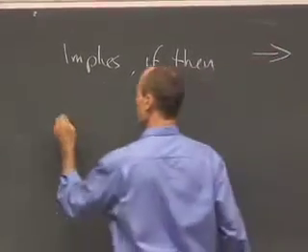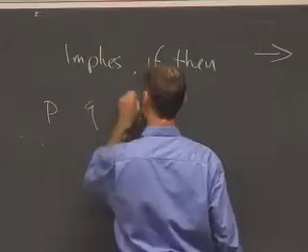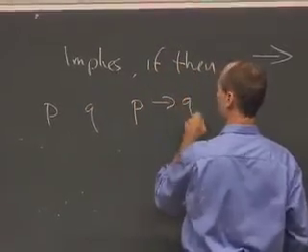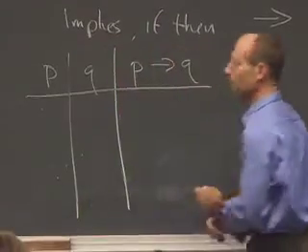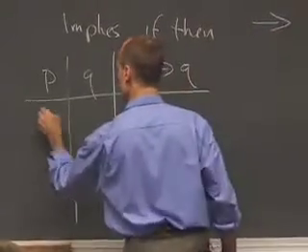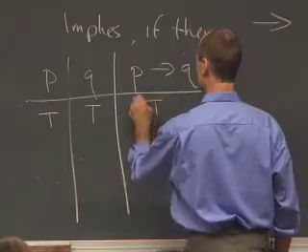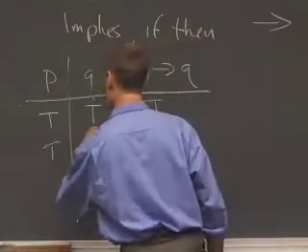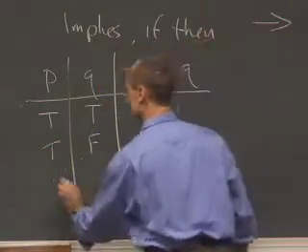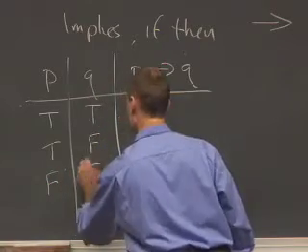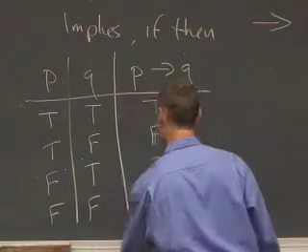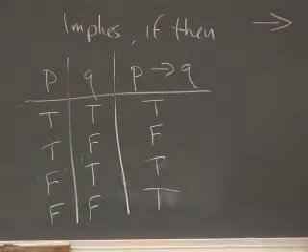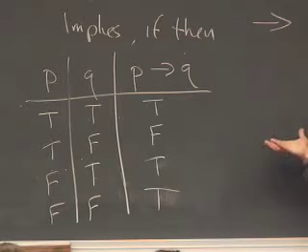So P, Q, if P then Q. What's the truth table for this? If P and Q are both true, this is true. If P is true and Q is false, this is false. If P is false and Q is true, this is true. And if P is false and Q is false, this is true.